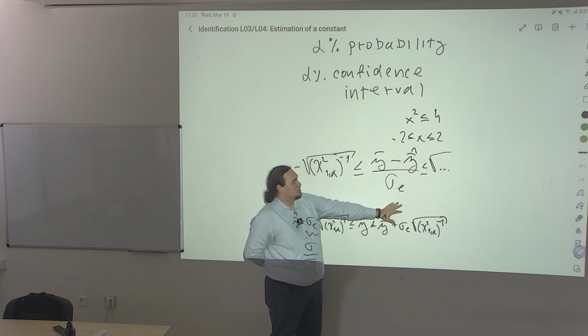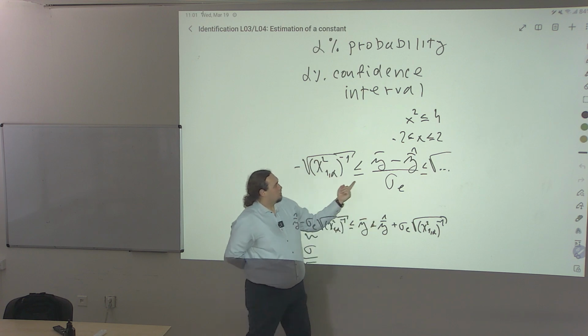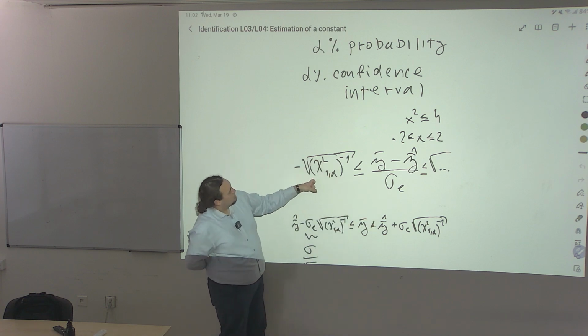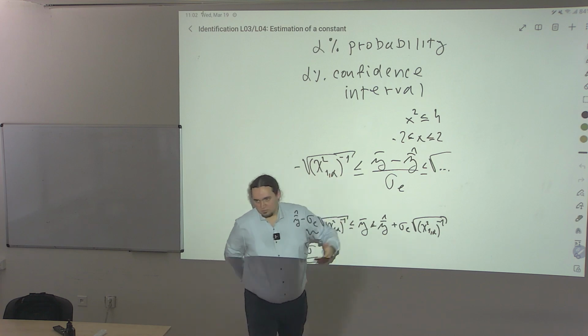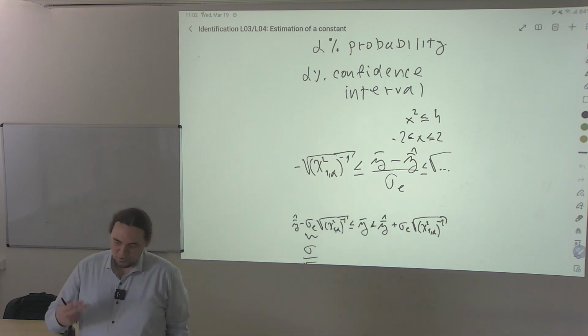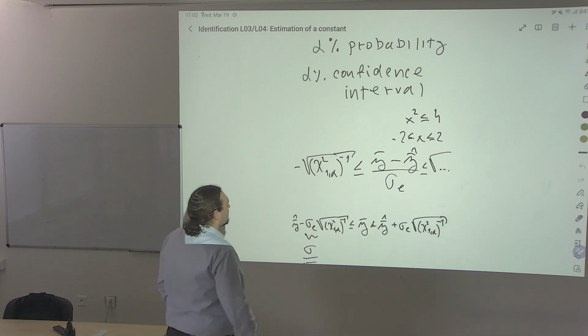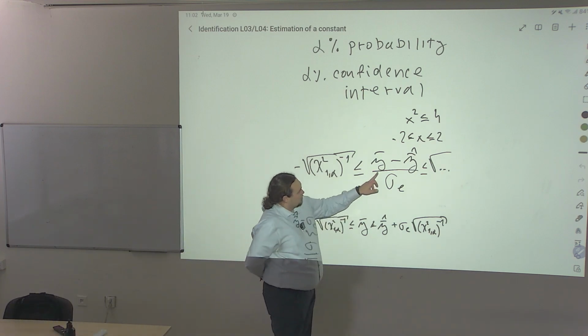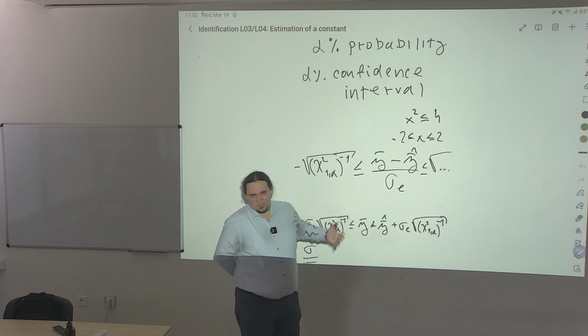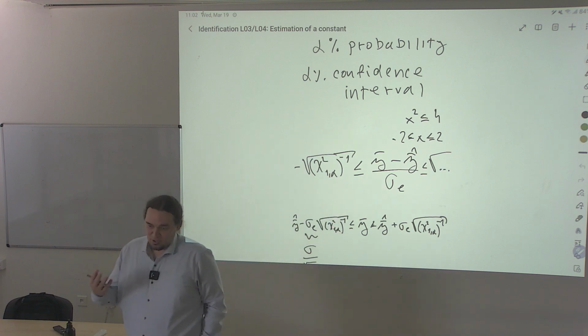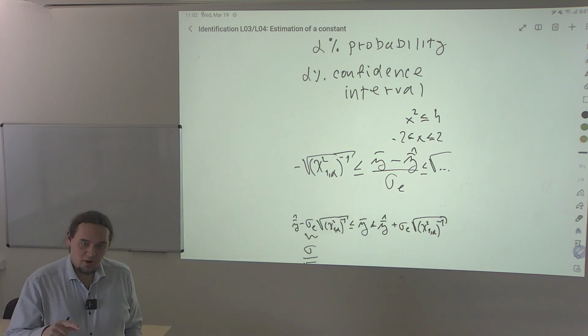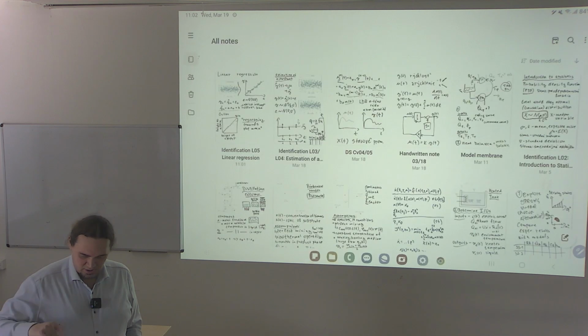We actually did the standardization of the estimation error, because our chi-squared statistic works with standardized variables. So whatever we estimate for the standard deviation of the estimation error, we just correct it. We just standardize it.